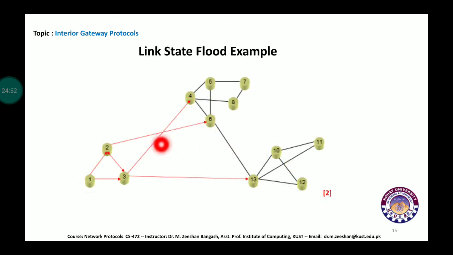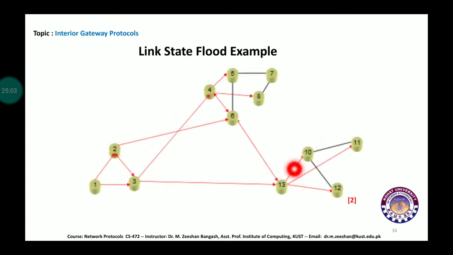You can just look into the diagram: the information is communicated to the direct neighbors, which is received by 2 and 3, and similarly the information is propagated to the complete network. So the flooding is performed from level to level to all the intermediate nodes, as shown in the diagram.